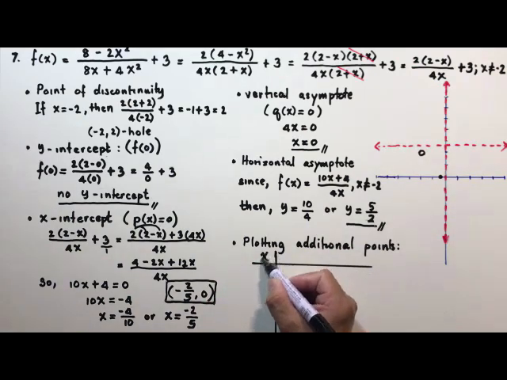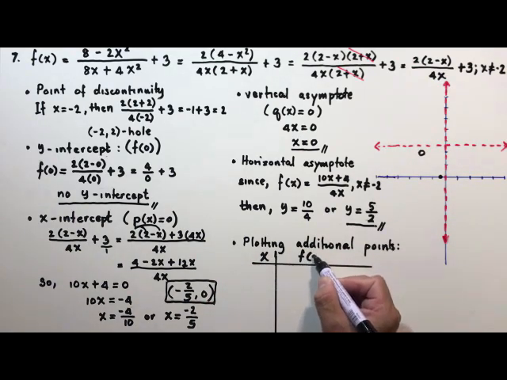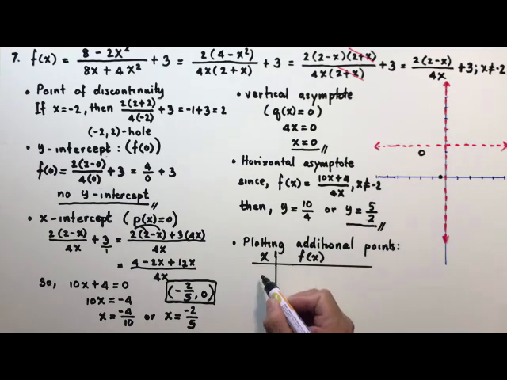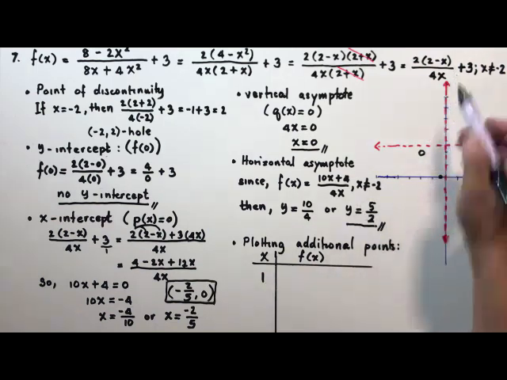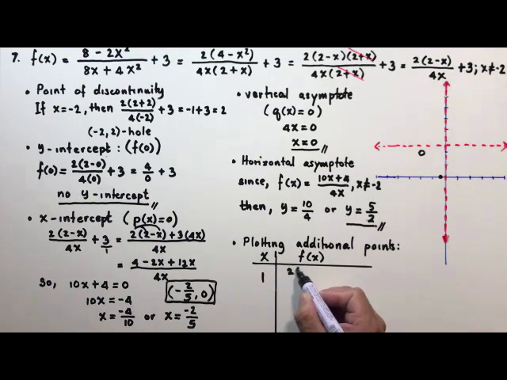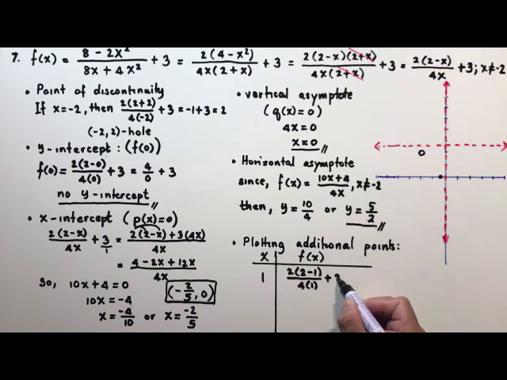So say if this is our x, this is our f of x. So when your x is 1, where is now the function? Substituting this 1 to our function, which is 2 times 2 minus 1 over 4 times 1 plus the constant of 3.